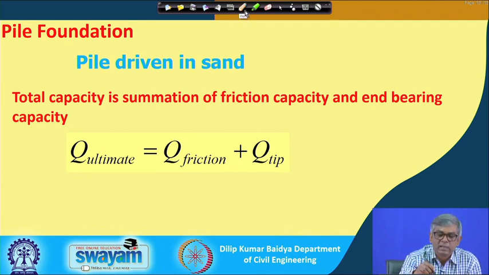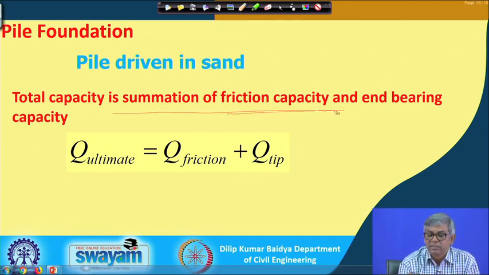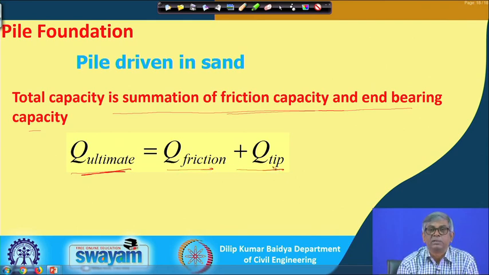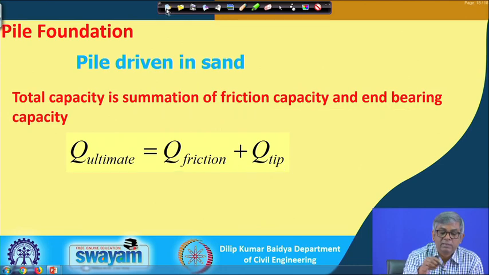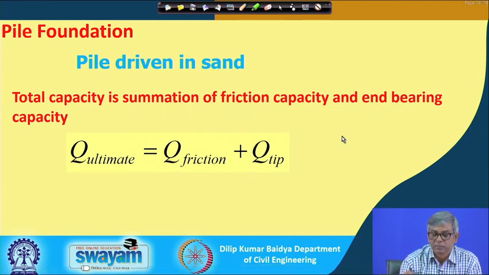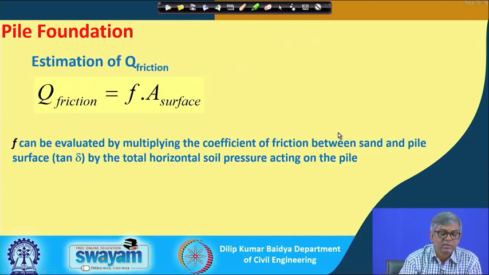So let me see here. The total capacity is again the friction capacity and the end bearing capacity. Q ultimate will be Q friction plus Q tip, and these two things we have to estimate. Q friction will be F multiplied by A surface.